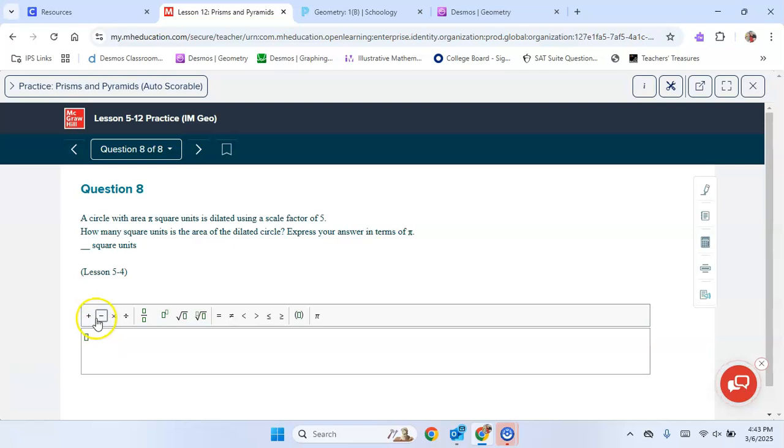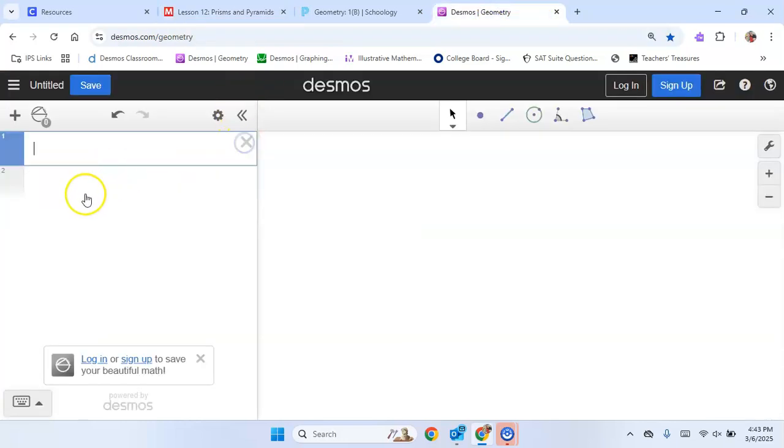Well, it would be the area times the scale factor squared because area is squared. So it would be 5 squared, which is 25, times pi, which is 25 pi.